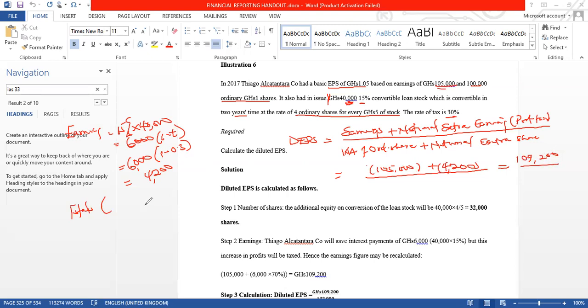Now we need to determine the number of ordinary shares that are coming. Always take care to read these things very well. They said that they will get 4 ordinary shares for every 5 of the stock. How much did I have for the stock? 40,000. So we are doing our notional extra shares: for every 5 cedis inside this stock, we get 4 shares.